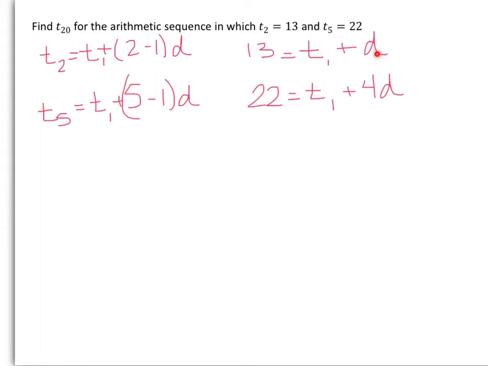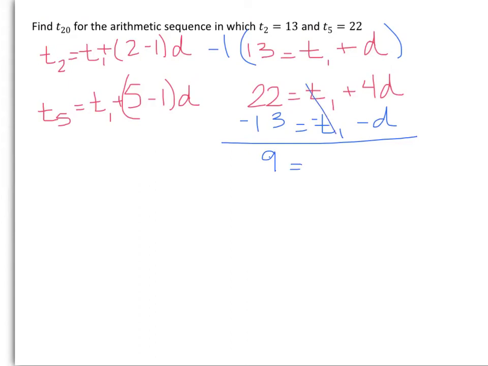Because they're already in standard form, I would multiply this top equation by -1. My T sub 1's cancel, and 9 is equal to 3d. So my common difference is 3. I can plug that back into this equation here. And that tells me that T sub 1 is 10.